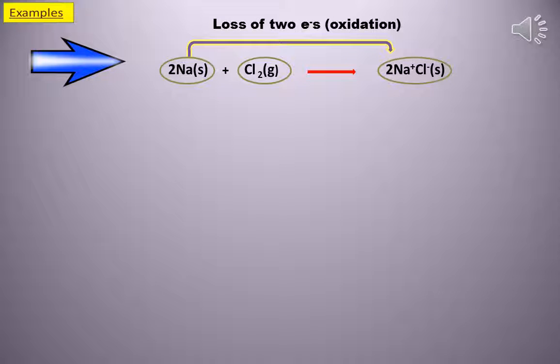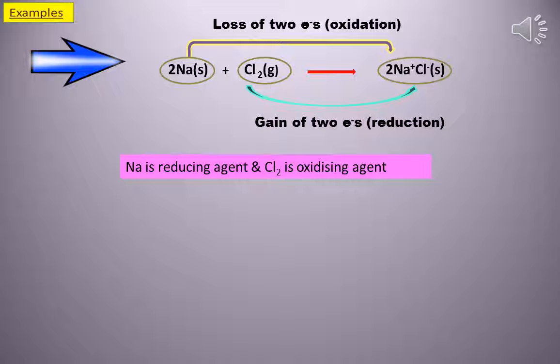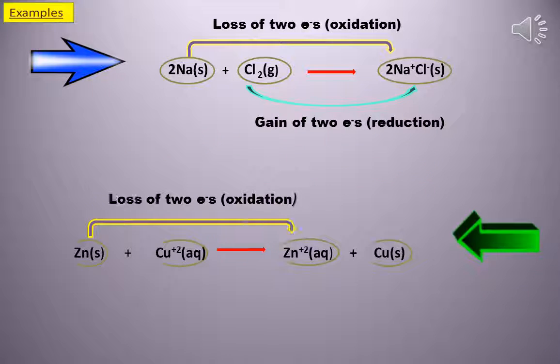As in the first example, you can see 2Na atoms lose 2 electrons and Cl2 gains these 2 electrons. So oxidation and reduction take place respectively. Similarly, in the second example, zinc atom is oxidized to Zn2+ and Cu2+ gets reduced to copper atom.